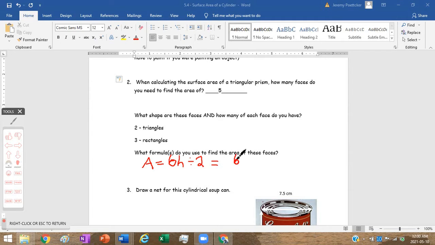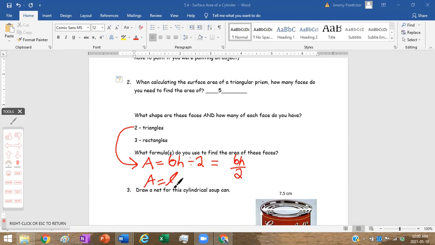All right, base times height, then divide by 2. That's your triangle, right? So that's these guys. And then at the end of that, if there's 2 of them, we'll multiply by 2. For our rectangles, area is equal to simply length times width, so LW.